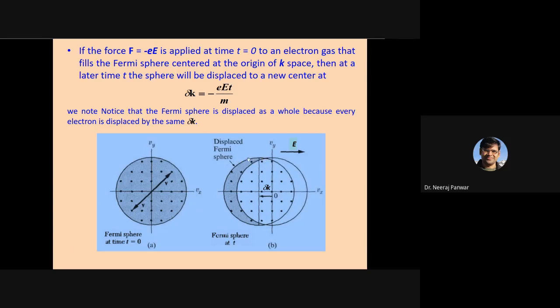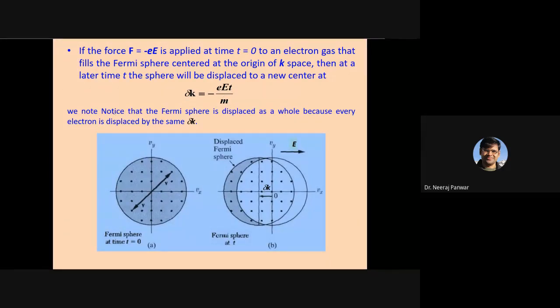So you see, this circle represents the movement of electrons due to the applied electric field, and the center has shifted. Now this is the center of this sphere, and earlier it was the center. The center of this Fermi sphere has shifted in k space by an amount delta k, and we can calculate it: delta k is equal to minus e E t divided by m.